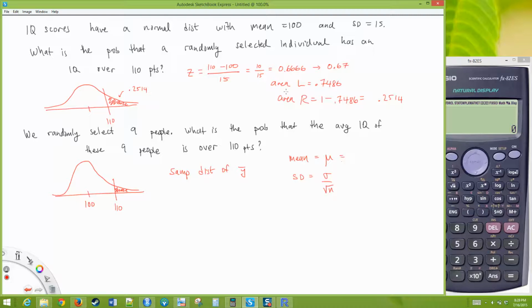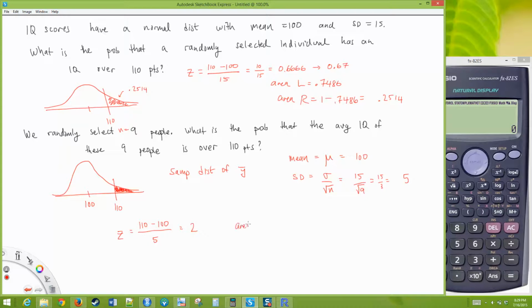So the mean is 100, and the standard deviation is going to be 15 divided by the square root of n, which is 9, since n is equal to 9. So that becomes 15 over 3, or a standard deviation of 5. Now it's just a normal model problem, now that I've figured out my mean and standard deviation. My z-score is 110 minus 100 divided by 5, and I get a z-score equal to 2.